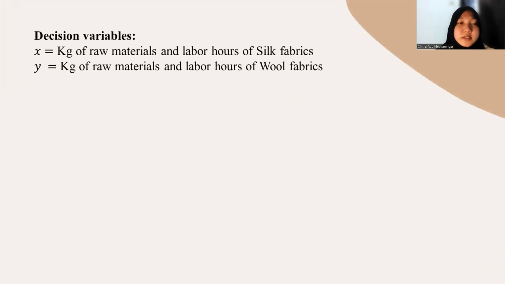After that, the steps to solve the problem. The first step is the decision variable, and X is kilograms of raw materials and labor hours of silk fabric. Y is kilograms of raw materials and labor hours of wool fabric. After the decision variable, we conclude the objective function.